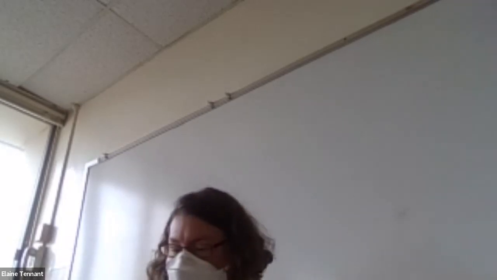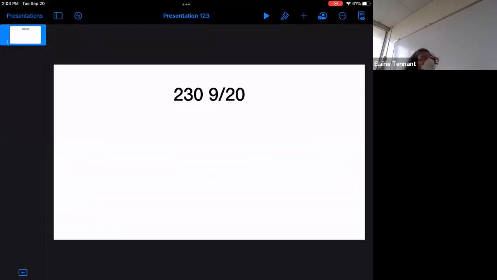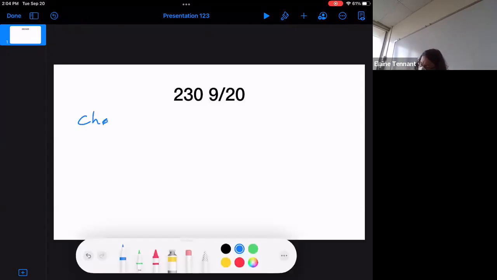But okay, so for now, we are doing capacitors, and so let us discuss how a capacitor works. Whatever chapter this is. Actually, is this chapter 8?